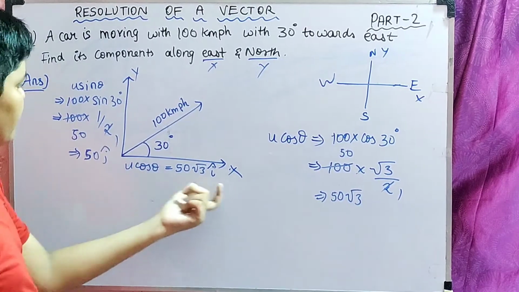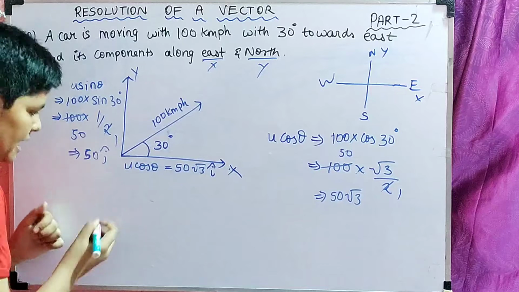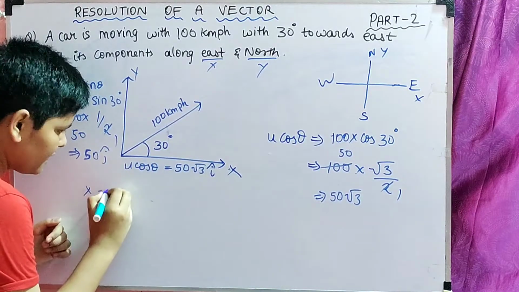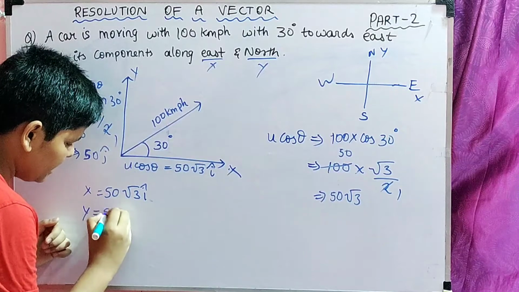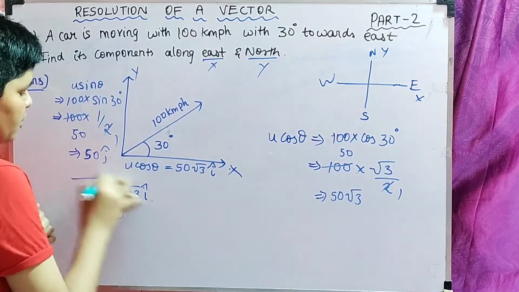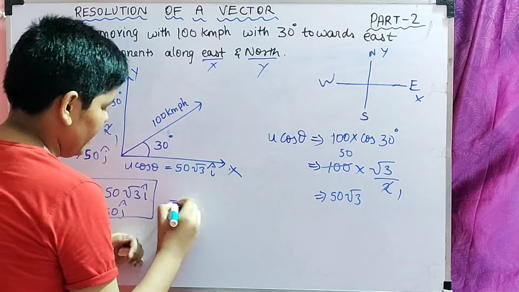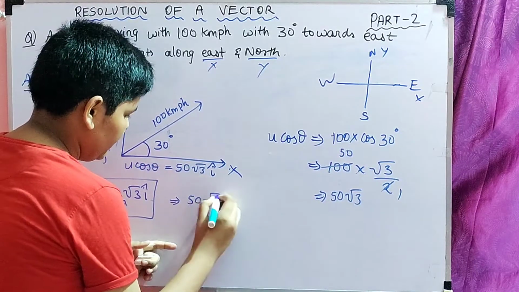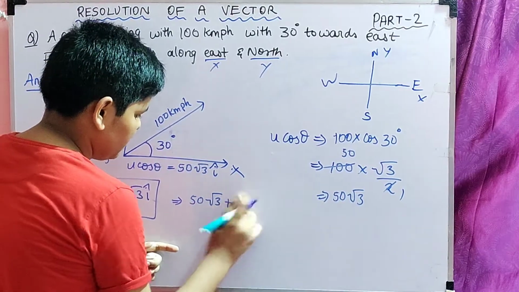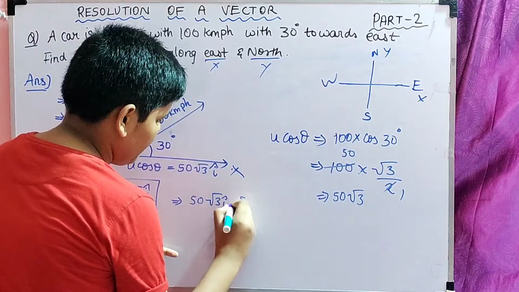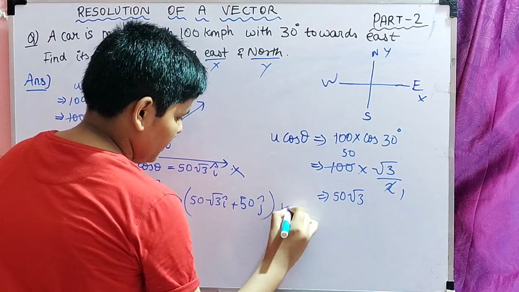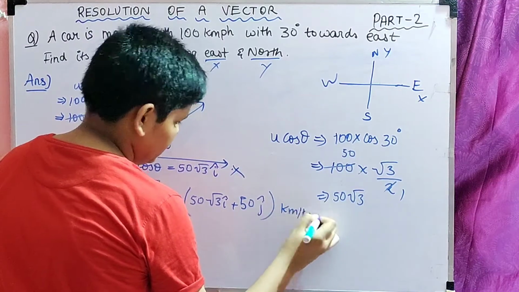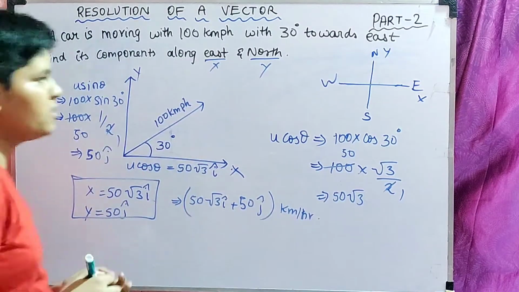So you get 50 root 3 i cap along the x-axis and 50 j cap along the y-axis. To write this as the answer, you can write 50 root 3 i cap plus 50 j cap kilometer per hour. So this is the solution for this question.